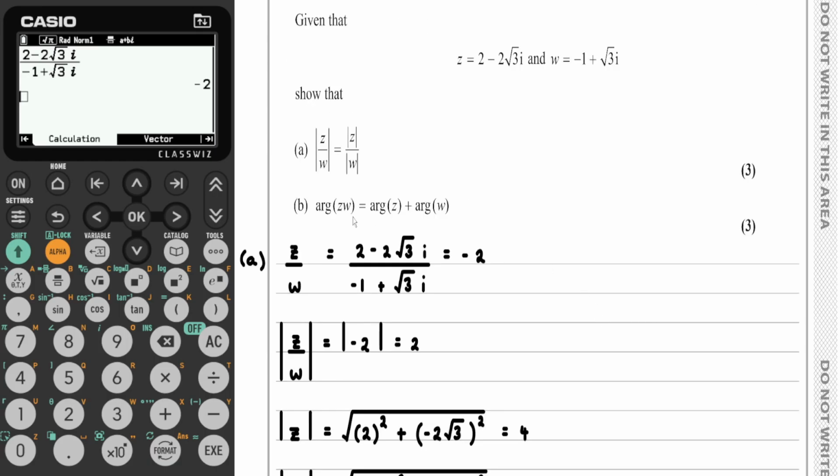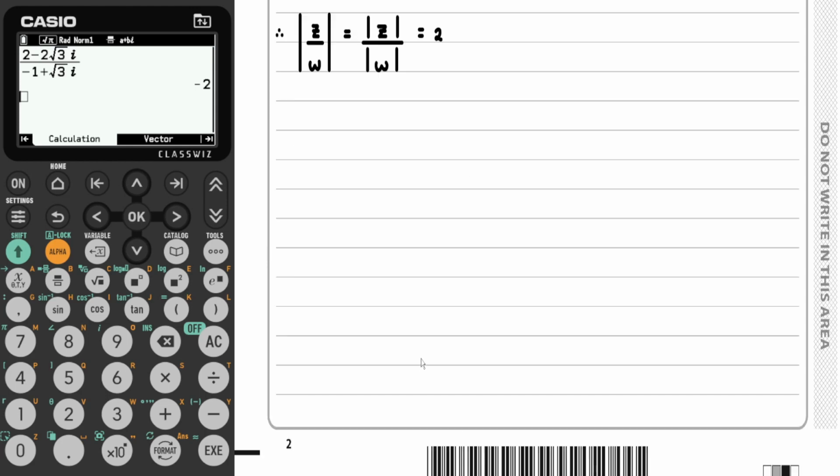Part B. We have to show that the argument of zw is equal to the argument of z plus the argument of w. To begin with, let us work out what zw is. That's 2 subtract 2 root 3i multiplied by negative 1 plus root 3i.